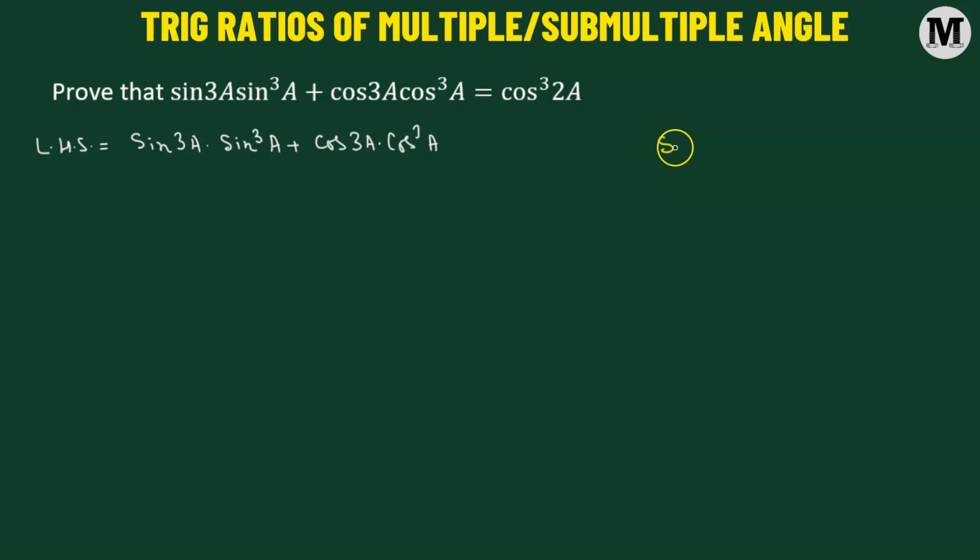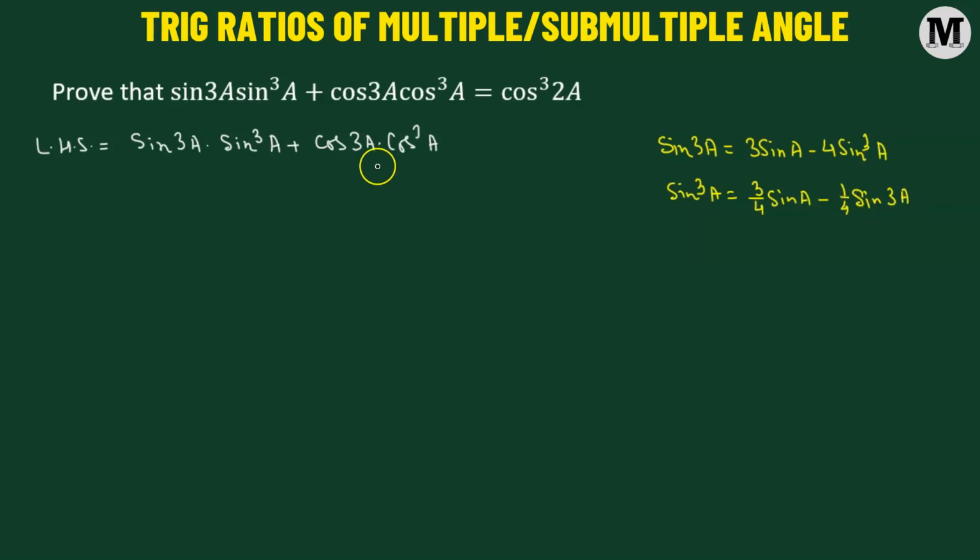If we expand sine of angle 3a, that gives us 3 times sine of angle a minus 4 times sine cubed a. Now if we isolate sine cubed a, then sine cubed a becomes equal to 3 over 4 sine a minus 1 over 4 times sine 3a.